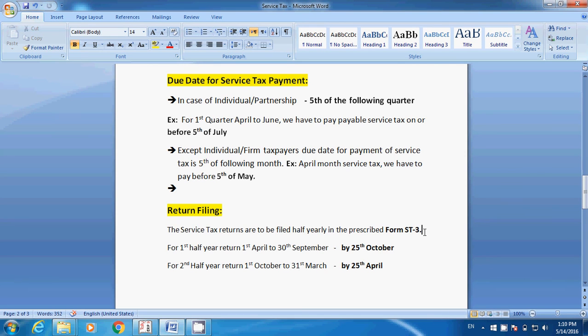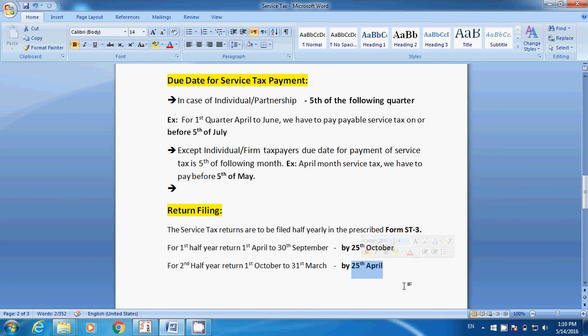For April to September, we have to file before the 25th of October, and for the second half-yearly return, October to 31st March, before the 25th of April. So before the 25th we have to file ST3.